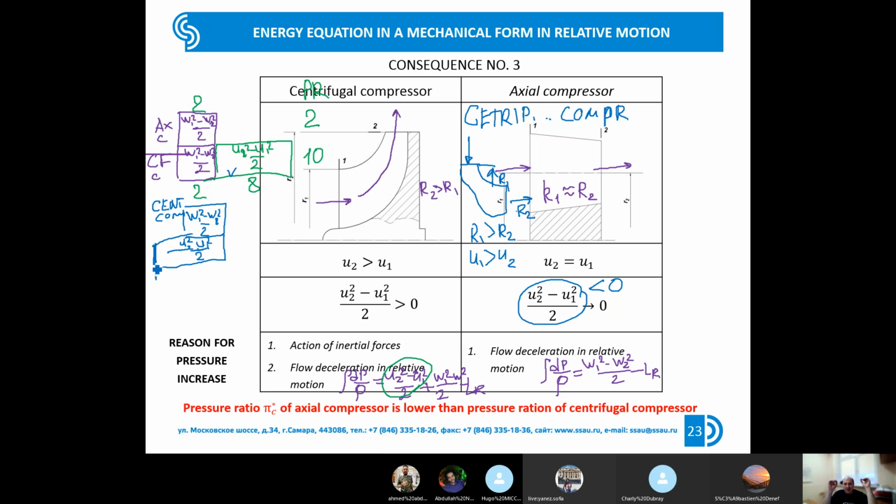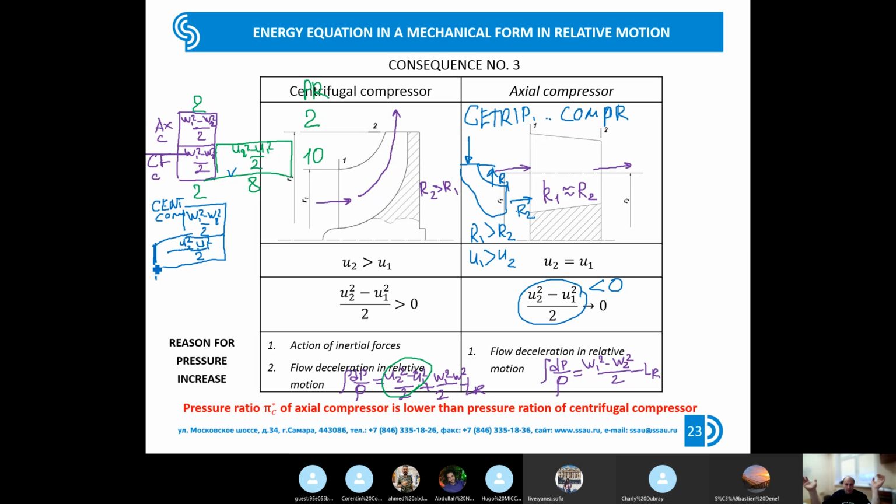Of course, we could meet a compressor in which the radius is a little bit reduced, but usually the value of radius reduction is not so much, because if you reduce the radius so much, you do not receive the pressure rise.